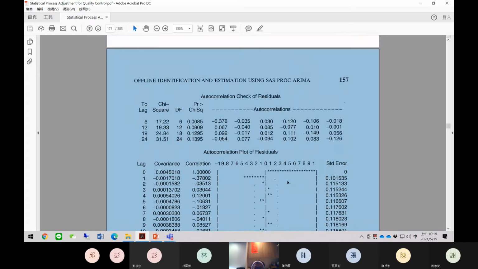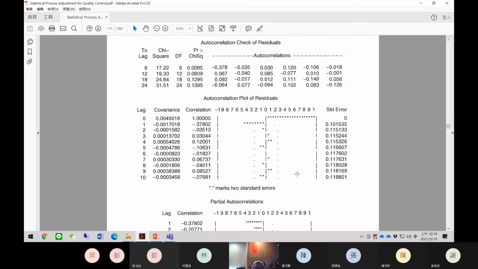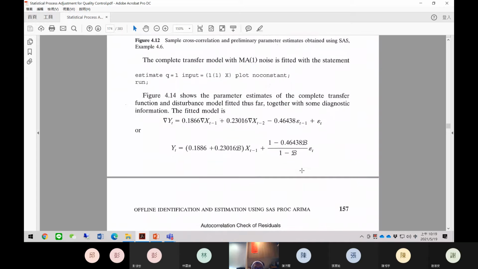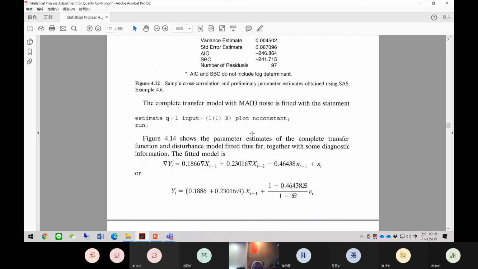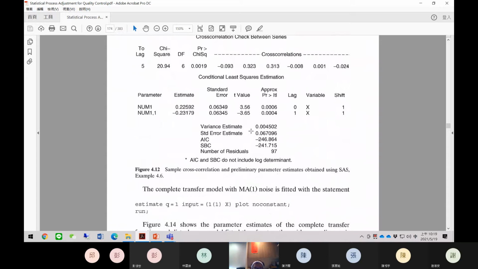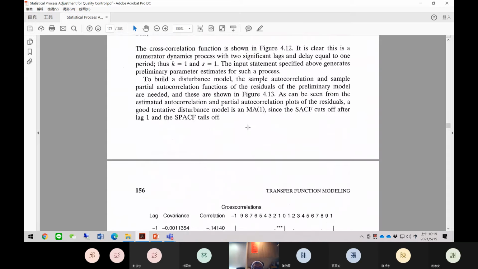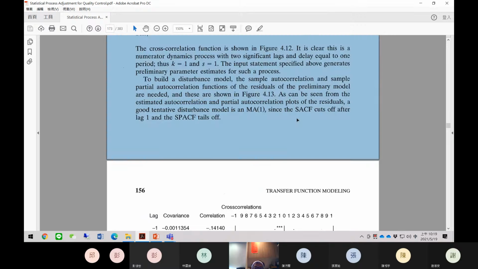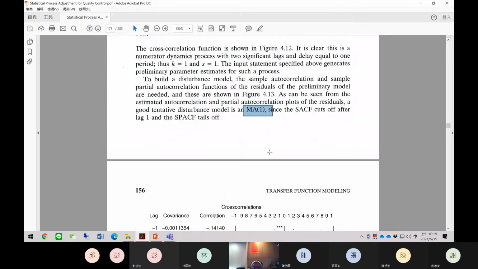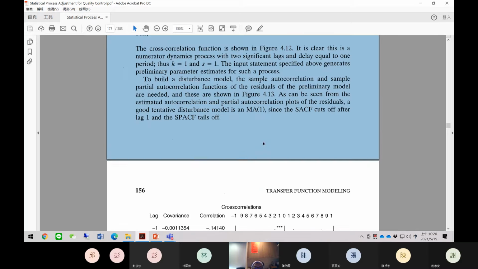So this is quite straightforward in terms of the knowledge we obtained from chapter 3. So this is MA(1). As can be seen from the computed sample autocorrelation and partial autocorrelation functions, it's an MA(1) for sure, since the sample autocorrelation function cuts off after lag 1 and the partial autocorrelation function tails off.